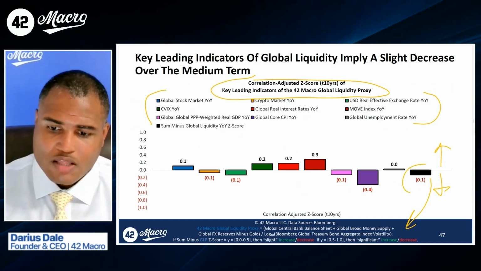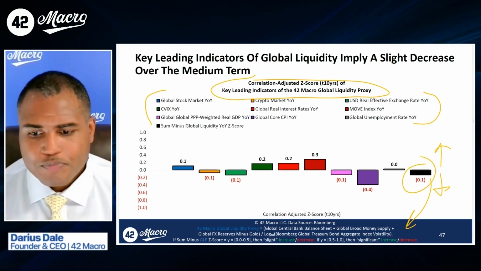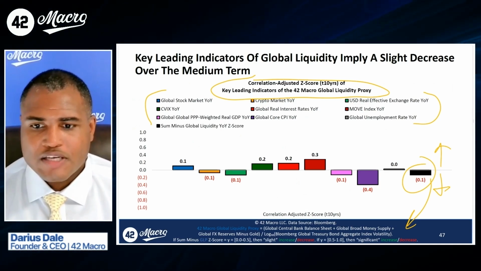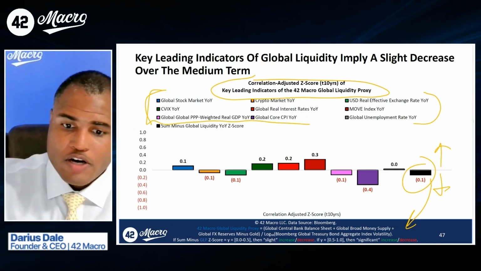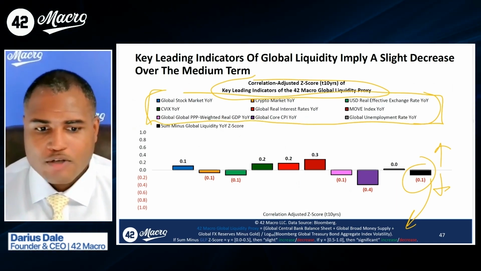So right now, as you can see, the sum minus the year-over-year Z-score for the global liquidity proxy is a minus 0.1. So we're saying there's an ever so slight decrease in global liquidity likely over the medium term, based on the current levels of the Z-scores of the leading indicators of global liquidity.